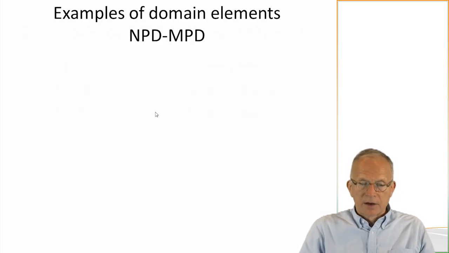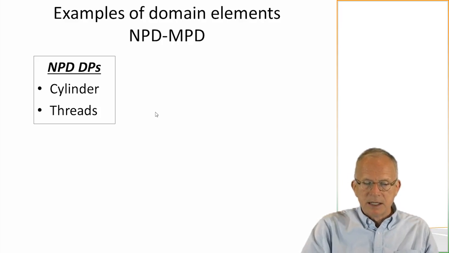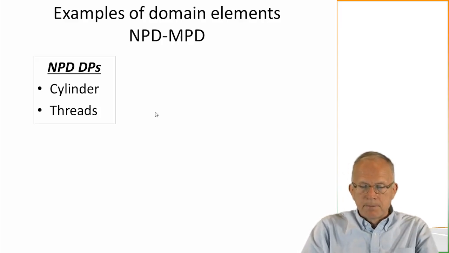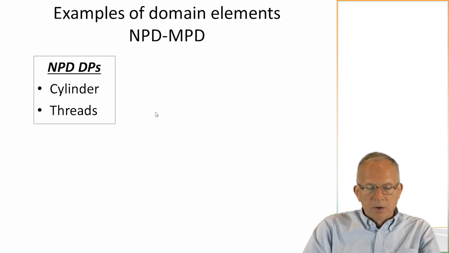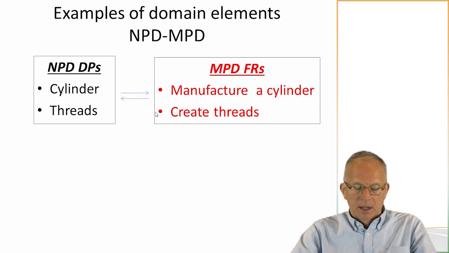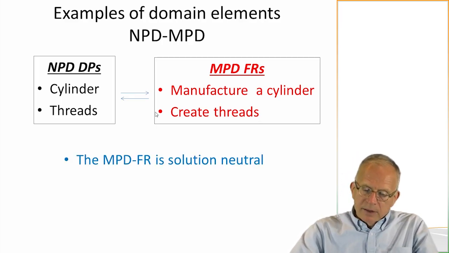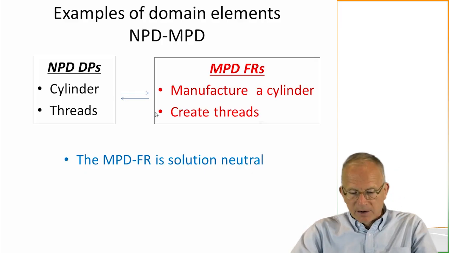Examples of domain elements here: the NPD DPs, for example, cylinder and threads, might translate into the MPD FRs, manufacture a cylinder and create threads. And so we would like the MPD FR to be solution neutral as well.